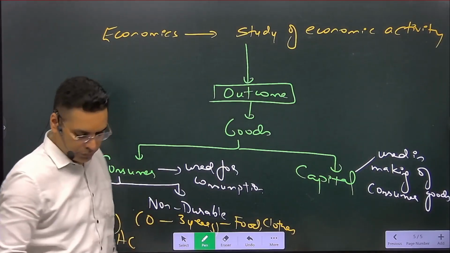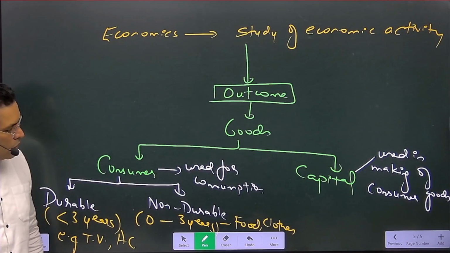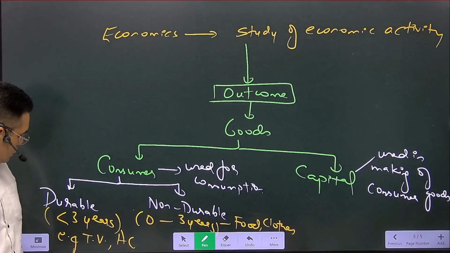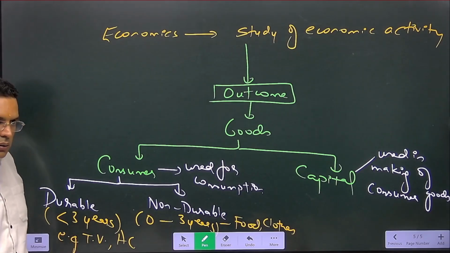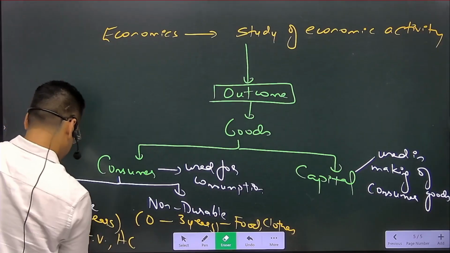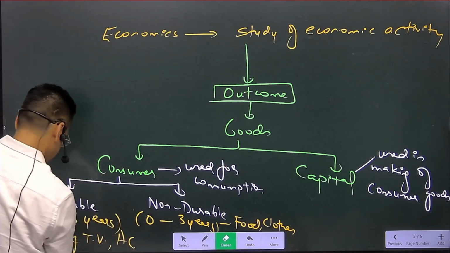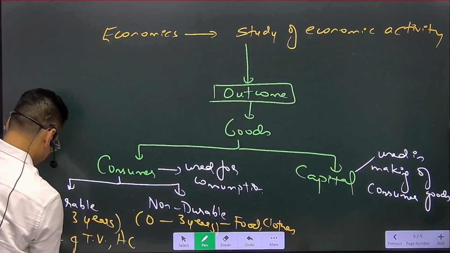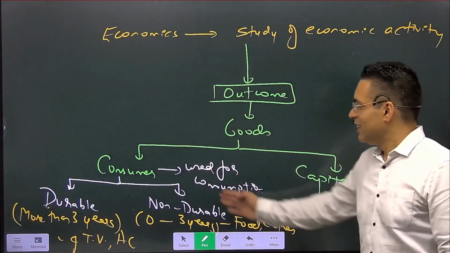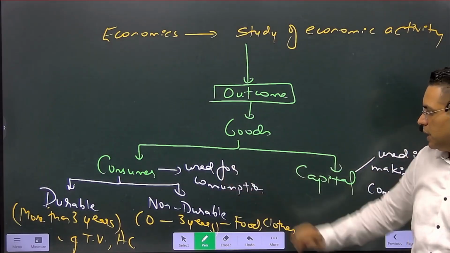Zero to 3 years. Okay, चलो. So consumer goods durable are more than 3 years, and non-durable is 0 to 3 years.